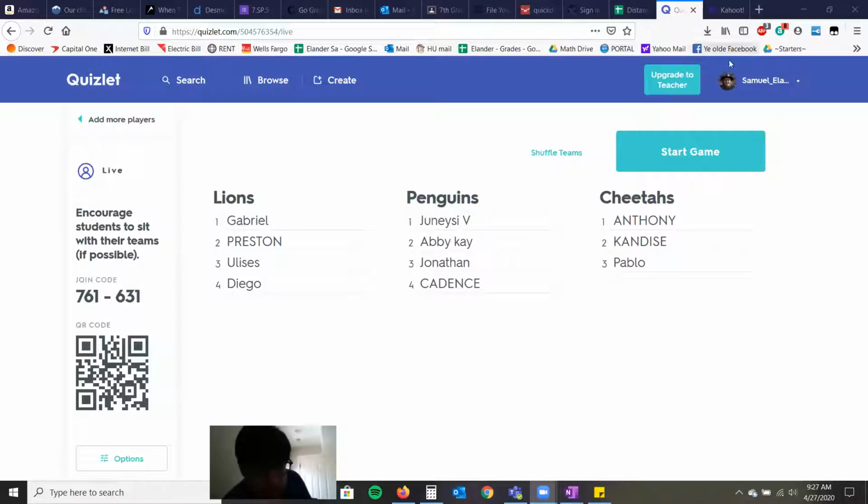Should be good. We got lions, penguins, and cheetahs. And now I'm going to try to break this up into 3 teams. Breakout rooms. 3 rooms. Manually.